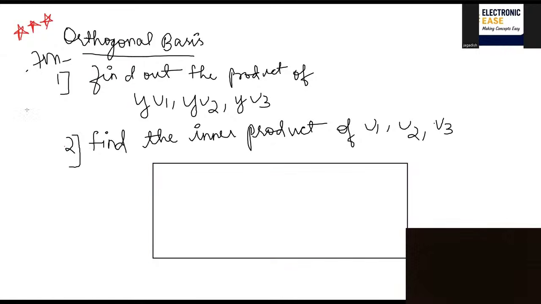Everyone is making a mistake in this. You may think you have done Gram-Schmidt correctly, but I know what mistakes you make in the exam. So first is inner product. Many students get confused with the inner product.